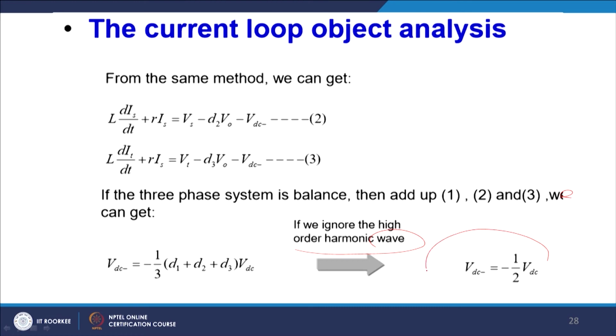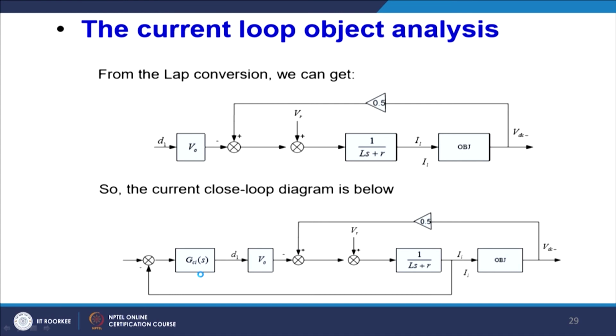Thus, essentially you get V D C equal to minus V D C. From here, this is the constant value and this is the variable value, and thus this is the control loop you require to control.